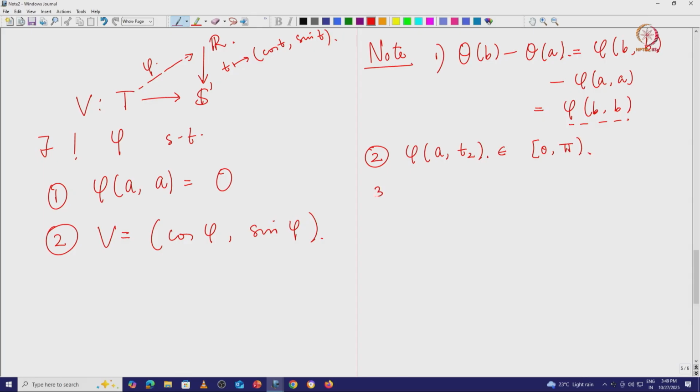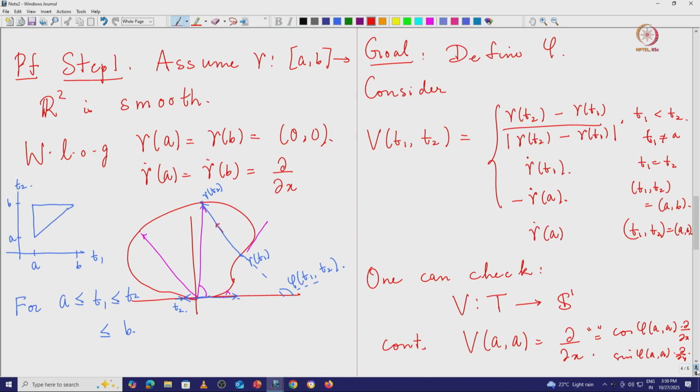Alright. So then by continuity, this holds for all t2 in (a, b). So then phi of (a, b), remember that v of (a, b) is minus gamma dot.